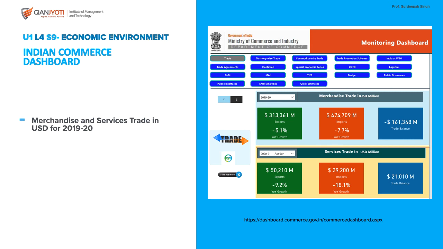Similarly, when you look at the imports, it has gone down by 18%. That is the import that we were doing. So that means we were good in terms of exporting the services rather than importing, which is a good sign, and the trade balance is positive, whereas for merchandise the trade balance is negative. So all these things you can see.